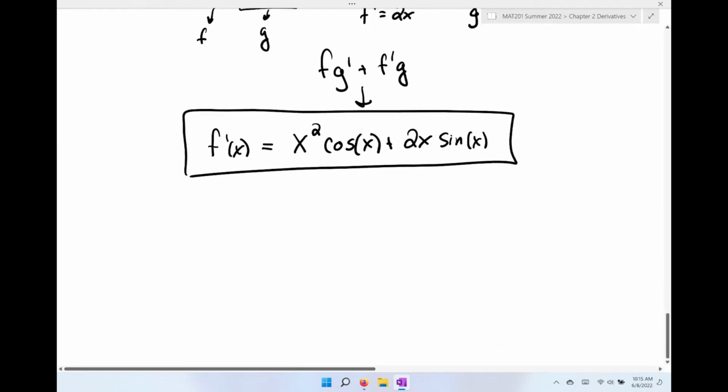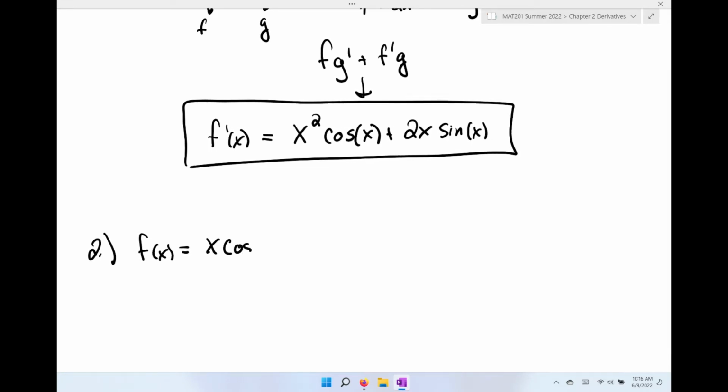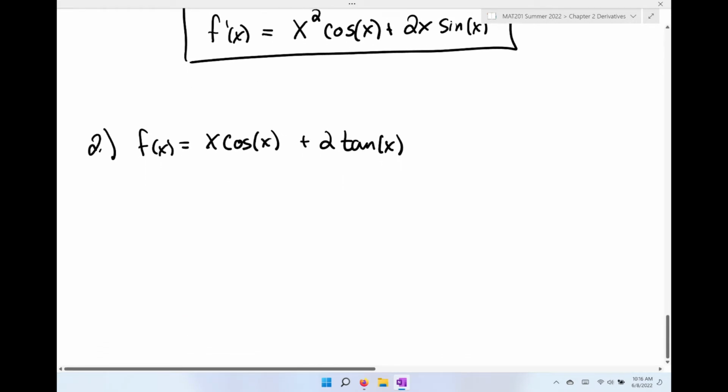Next one I'm going to do. F of x equals x cosine x plus 2 times tangent x. So you've got to be careful here because once again, if you look at the very first term, you're going to have to use the product rule here.